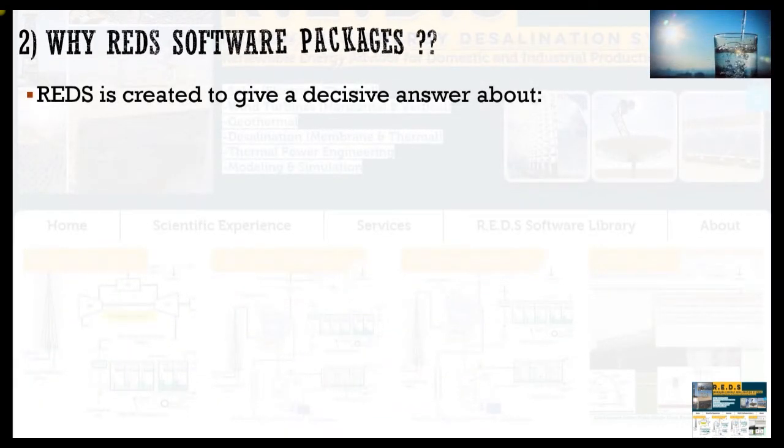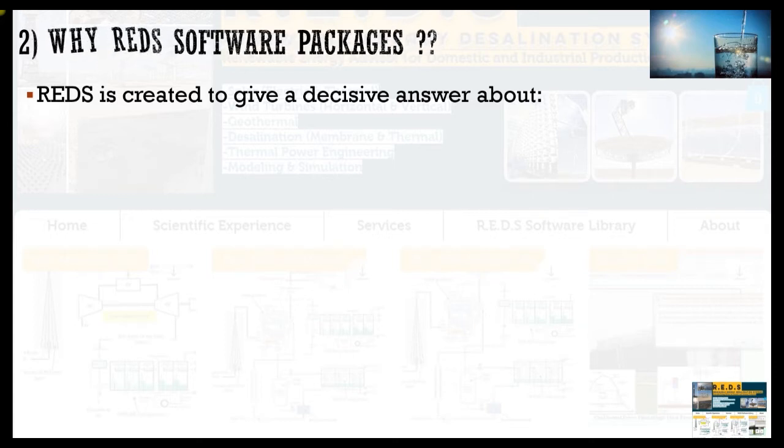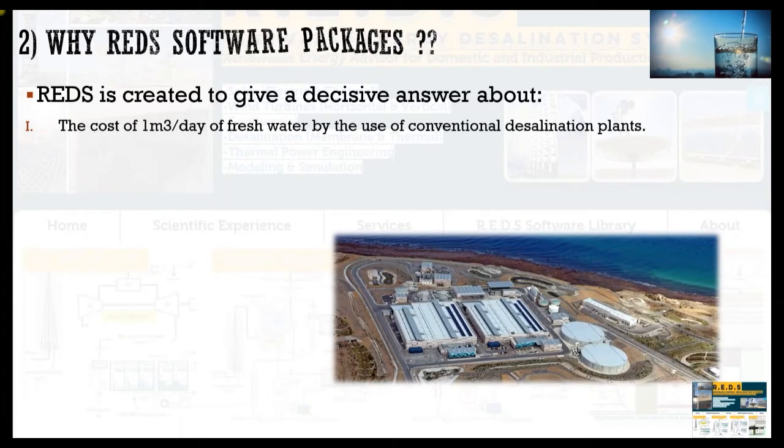Why the R.E.D.S software package? Because we encountered a very important question, and we have to give a decisive answer about it. The question is, what is the cost of 1 meter cube per day of fresh water by the use of conventional desalination plants?